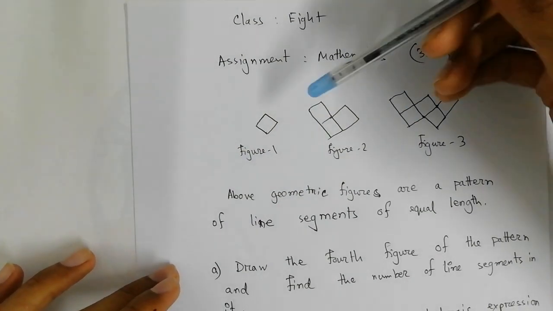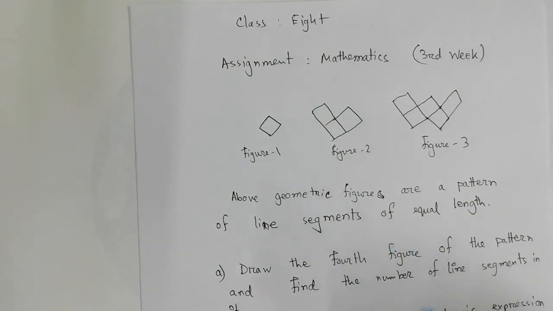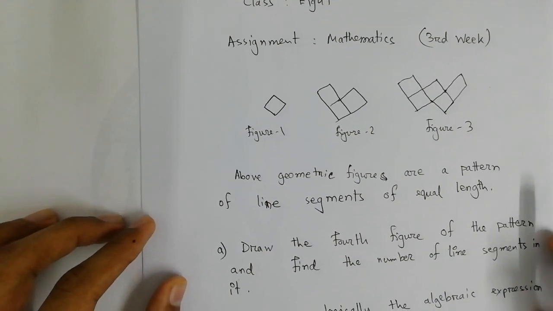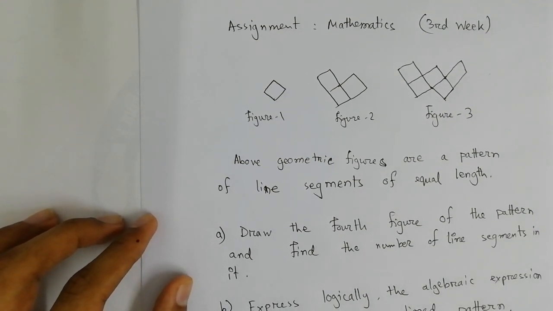So here we have our question of the assignment. The question gives three figures and says that these are geometric figures of a pattern of line segments with equal length. The first question asks to draw the fourth figure of the pattern and find the number of line segments in it.